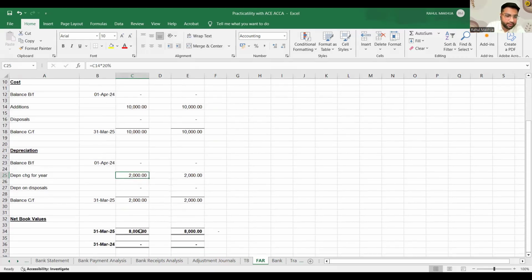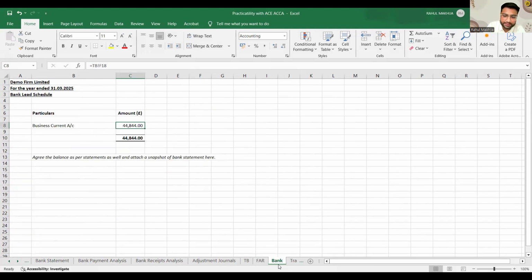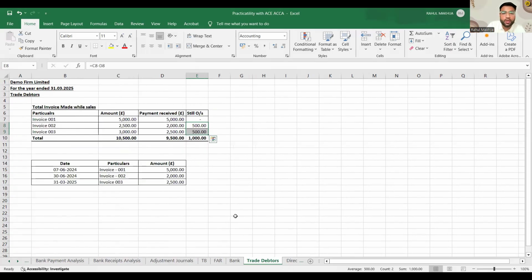We have equipment NBV as 8,000 pounds. The bank statement closing figure is accurate, as we have cross-checked with the Barclays bank statement.